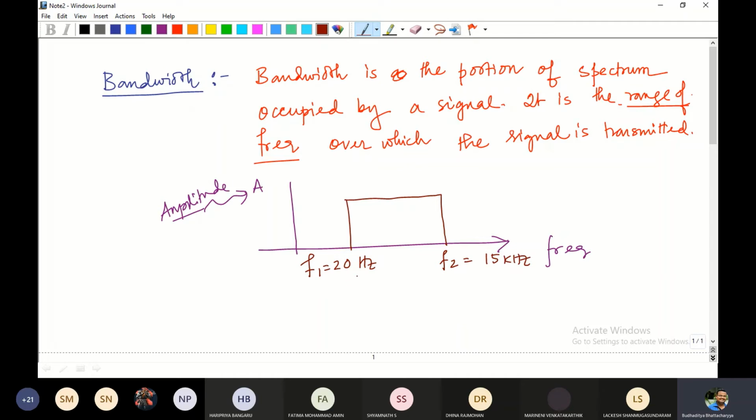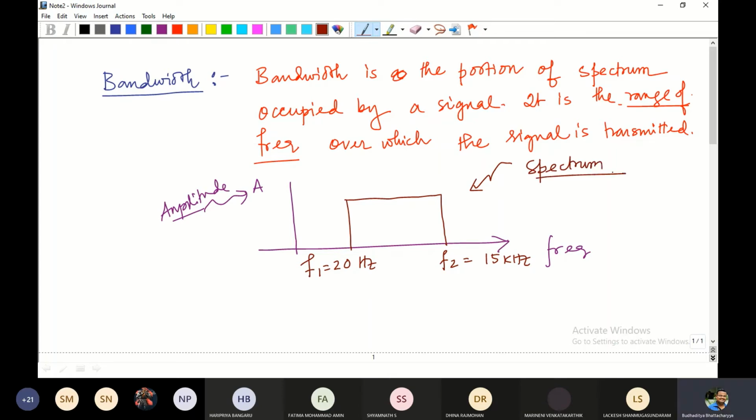Hopefully you know about frequency and the unit of frequency. So this is hertz and this is 15 kilohertz. This is the space in which the signal, suppose it's a music signal, is being transmitted.